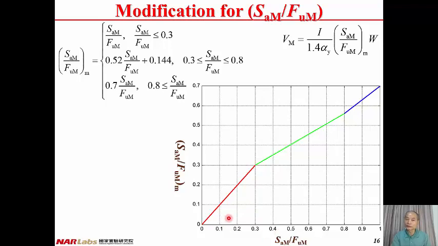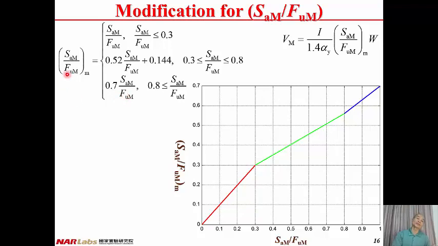And here's the curve between modification and without modification. When SAM divided by FUM is less than 0.3, the modification one equals the one without modification. When SAM divided by FUM is greater than or equal to 0.8, it is reduced to 70% of the one without modification.